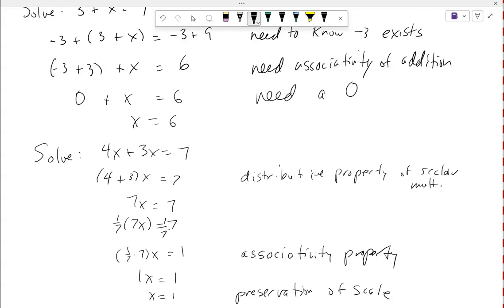I didn't illustrate the other distributive property, but there's actually two distributive properties. This is scalar multiplication distributing over a scalar sum. 4 plus 3 is just the addition of two real numbers. But I could have also had a scalar and two vectors that I would need to distribute over, perhaps as well. So again, there's not this particular example, but there's 5 scalar multiplication properties as well that we need to worry about.